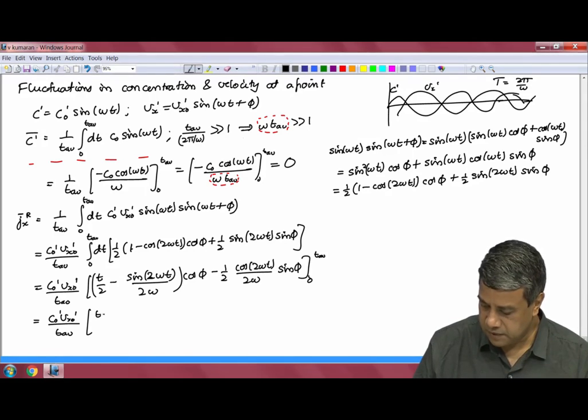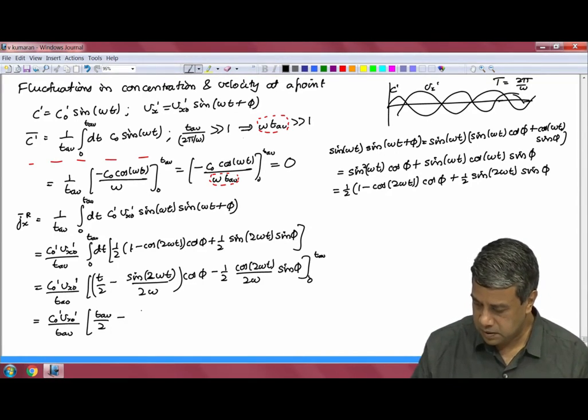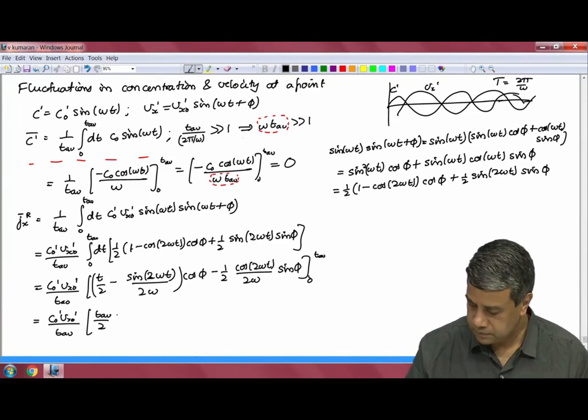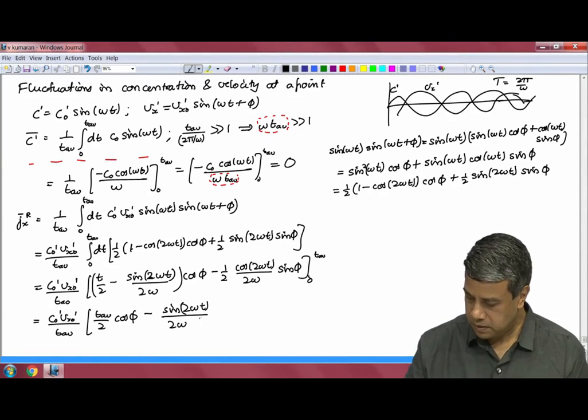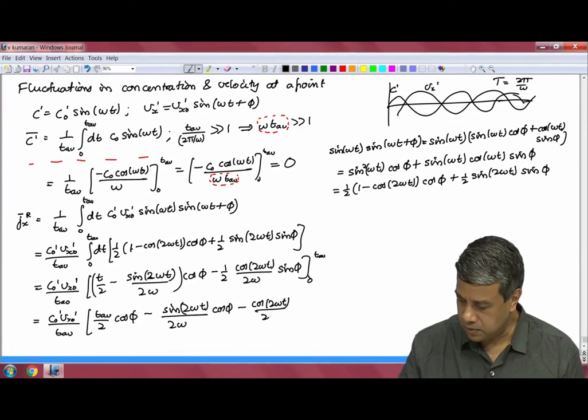I get here a T average by 2 cos phi minus sin 2 omega t by 2 omega cos phi minus cos of 2 omega t by 2 omega sin phi. These are evaluated between 0 and T average.